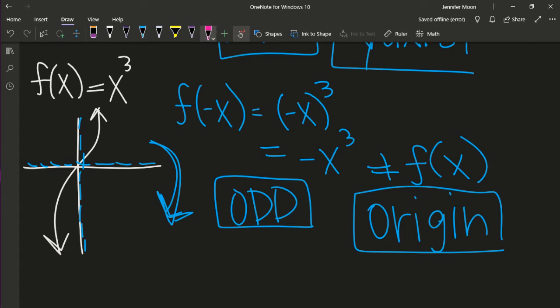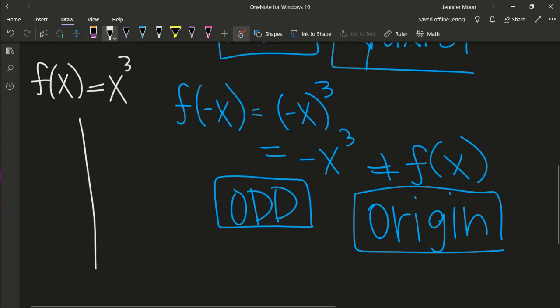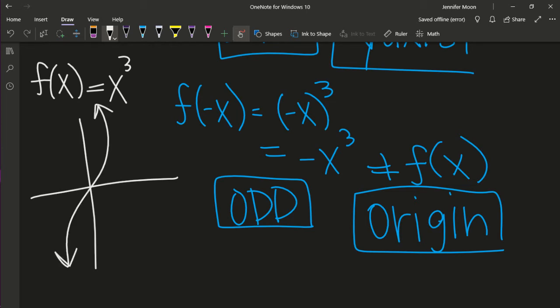Oh, you know what? Let me do something real quick. See if this helps as far as visual is concerned. Y, X. Say we folded it about the X this way.